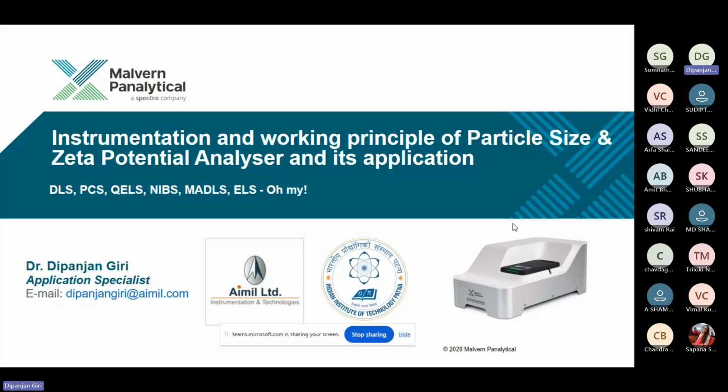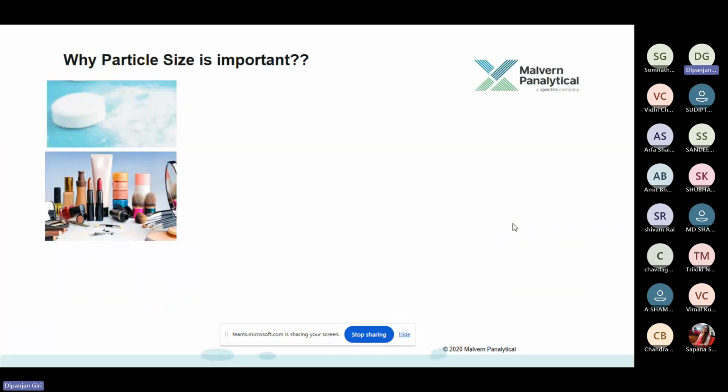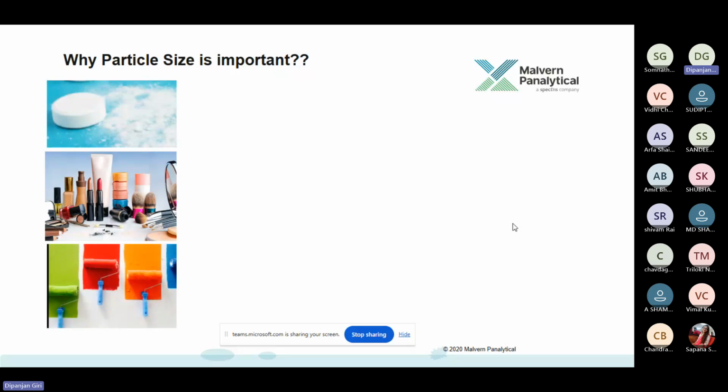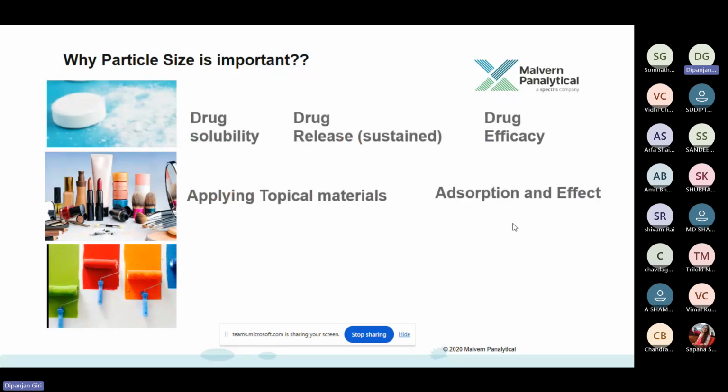Feel free to raise your queries, preferably at the end of the PPT, but if it matters more, we can discuss at that point in time. The first question is why particle size is important.